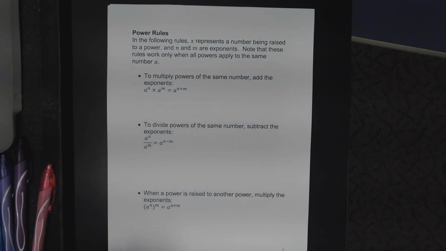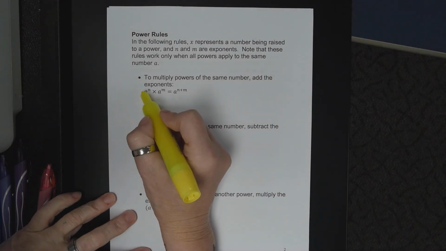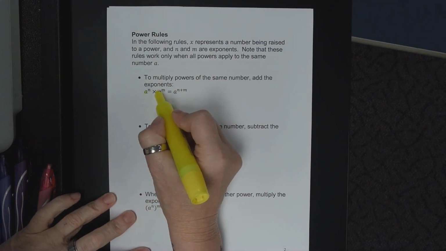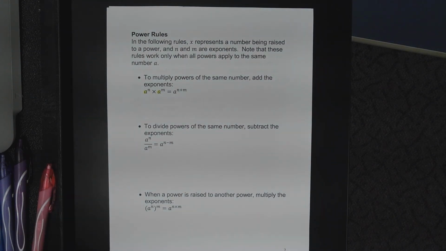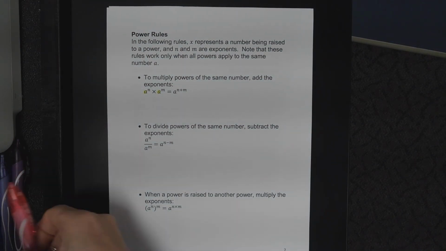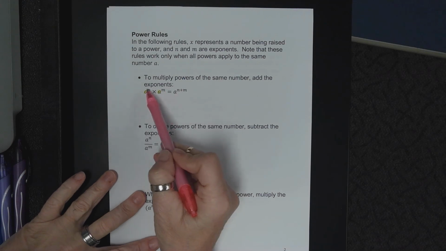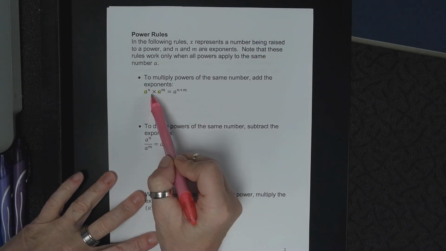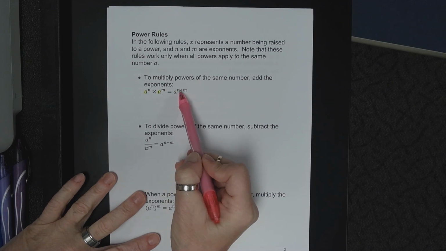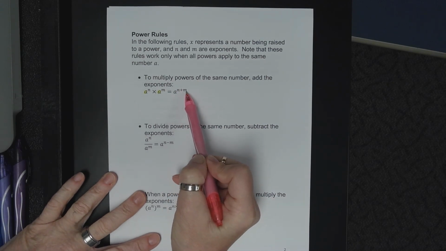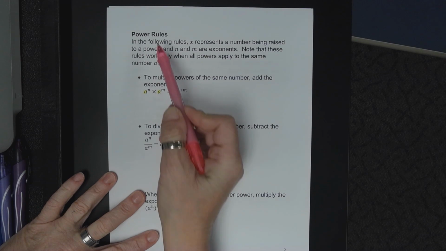So we're multiplying our same base. This guy's called a base, right? So we have a times a, but they have different powers. When you multiply the same bases, you add the exponents. So you could just write a one time and then say n plus m. That's multiplication. That's the power rule.